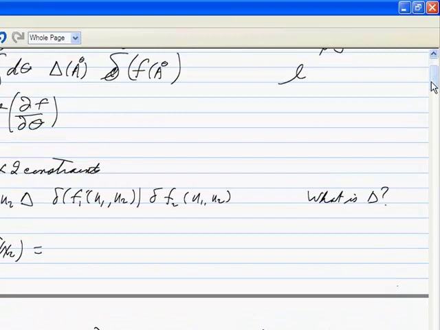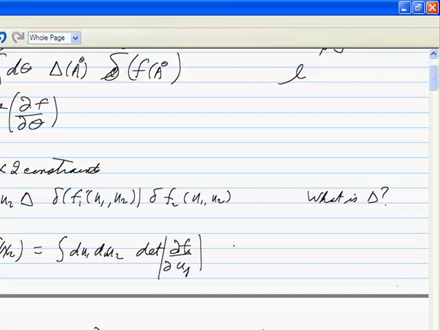If we go back up here and plug this in, this turns into the integral du1, du2, determinant partial f_i with respect to u_j, times delta of f1 of u1, u2, delta f2 of u1, u2.